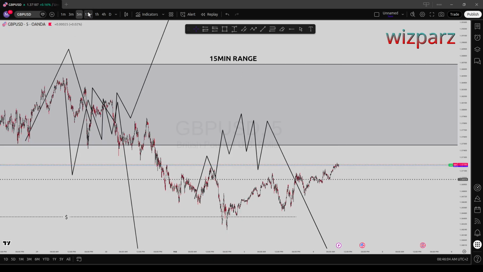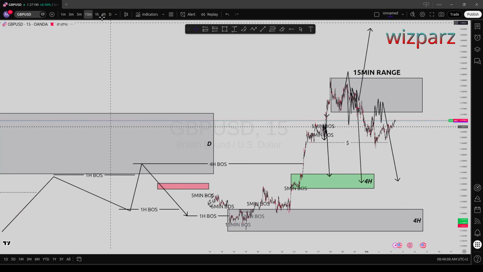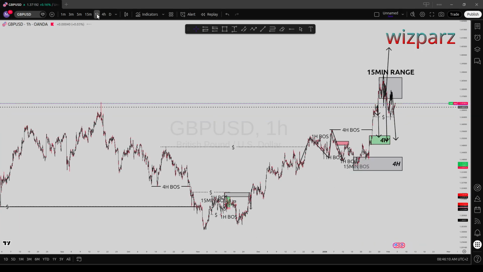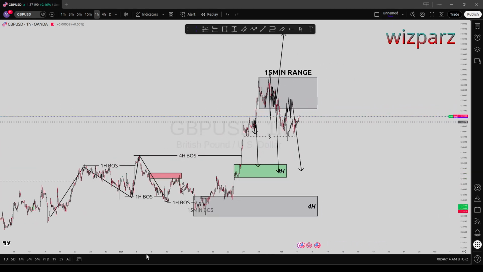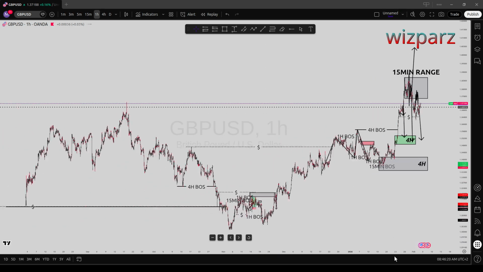And GU, still the same analysis as yesterday or the day before yesterday. We can clearly see that we are in a big uptrend on 4 hour. Okay, and this is a big sign.